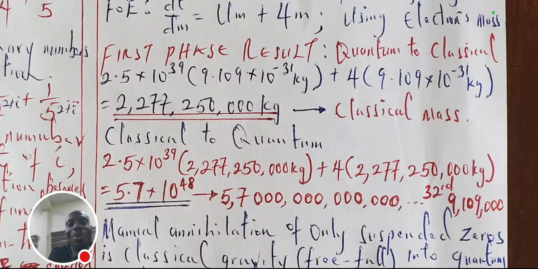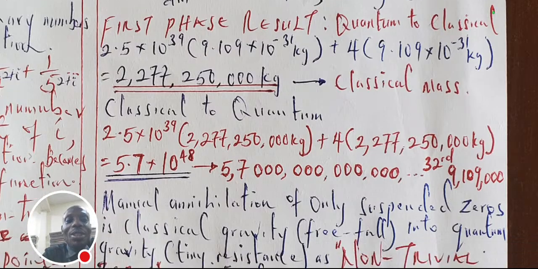So now, from this time, we have gotten the classical mass. We started with quantum mass, with electron's mass, and then we are able to get the classical counterpart of that quantum worth, and that is 2,277,250,000 kilograms.